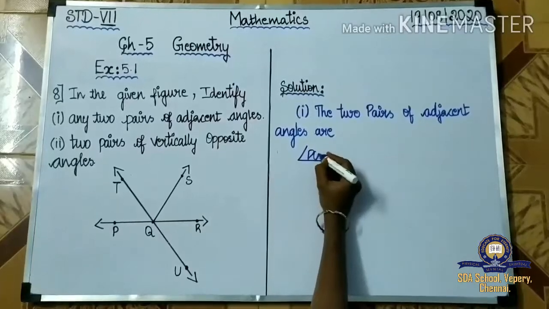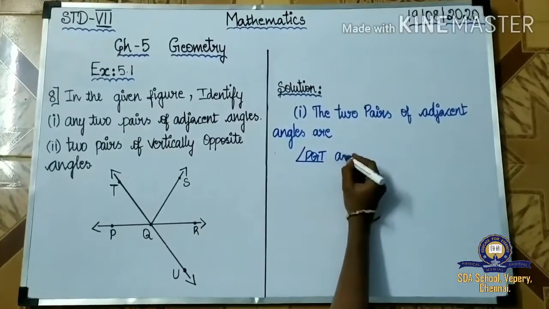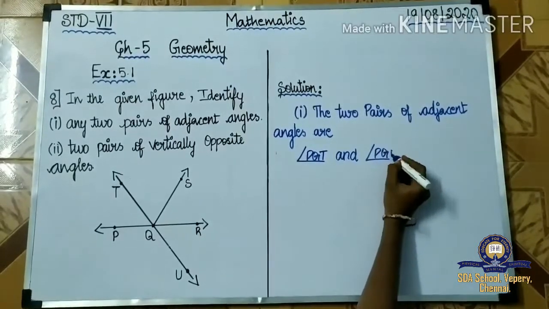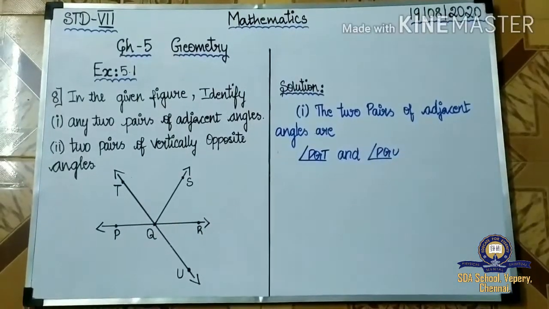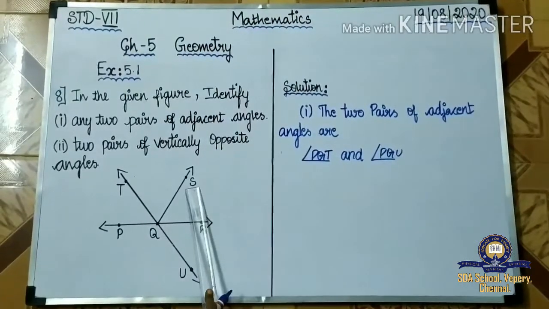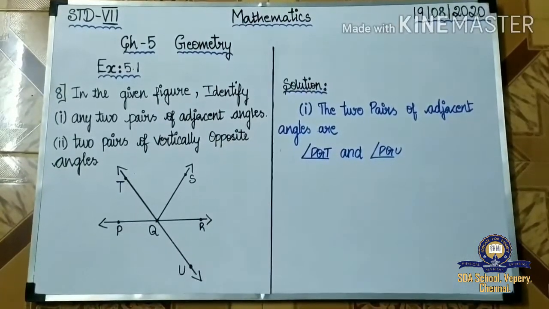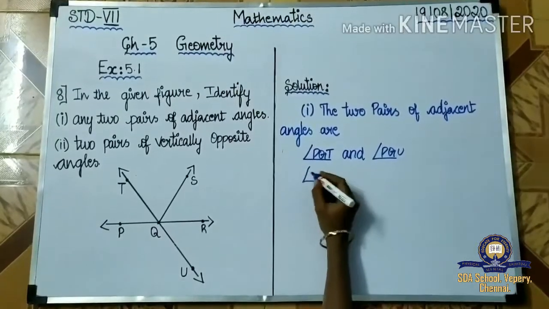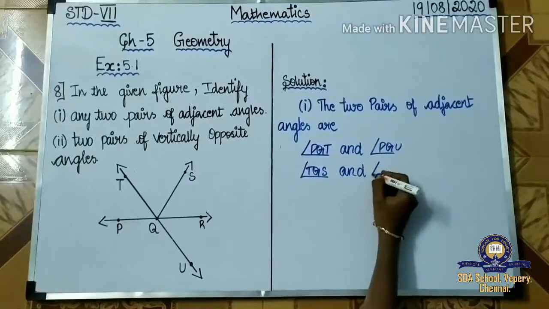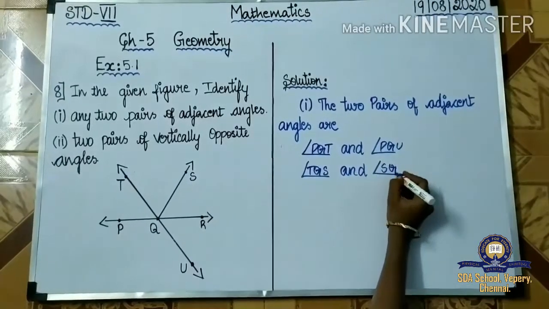Angle PQT is a pair of angle PQU. The second pair is angle TQS is a pair of angle SQR.